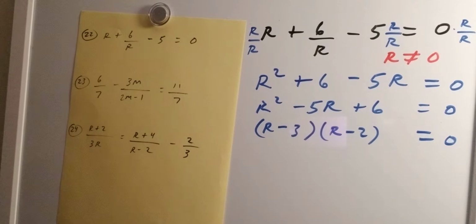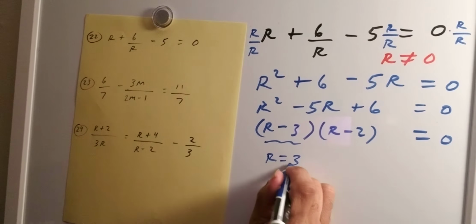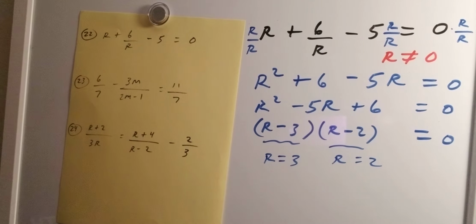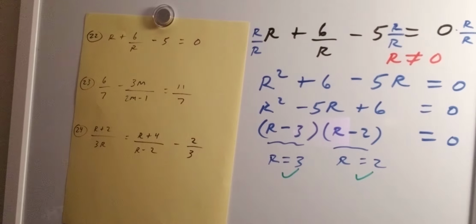Using the zero product property, R equals 3 from that factor, R equals 2 from that factor. Each of those solutions is acceptable. After consideration for the restriction, we're good to go. Okay, number 23.